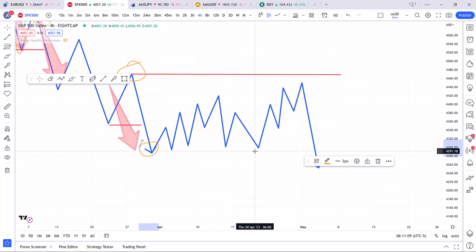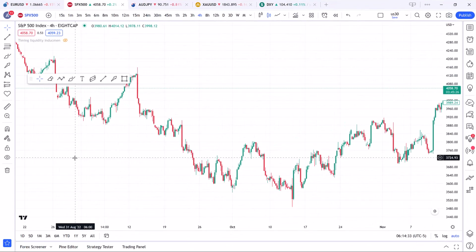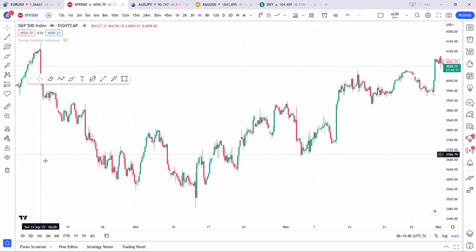Let's talk about this concept on charts. It's so much messier than I taught you, right? But it's simple. Let's talk about this on charts.